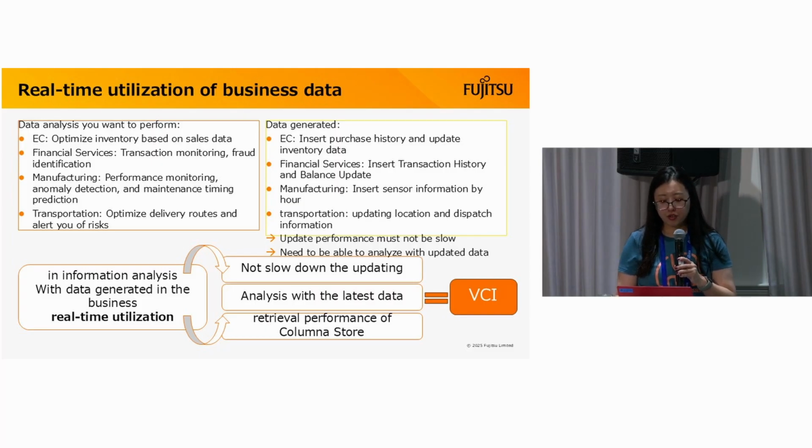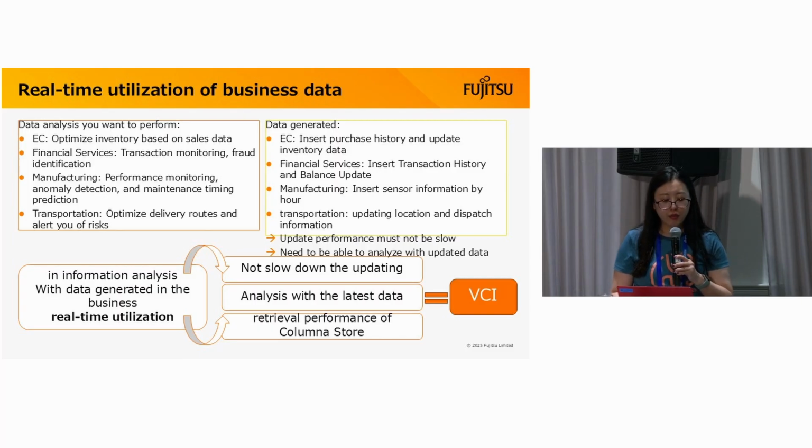The conversion to columnar is asynchronous. In this case, depending on the timing, there may be update data that does not exist in the column. A VCI scan is designed to scan both data that is already columnar and data that has just been updated.